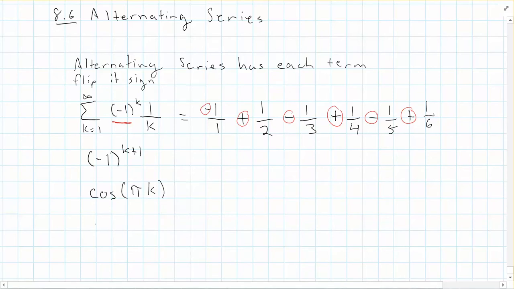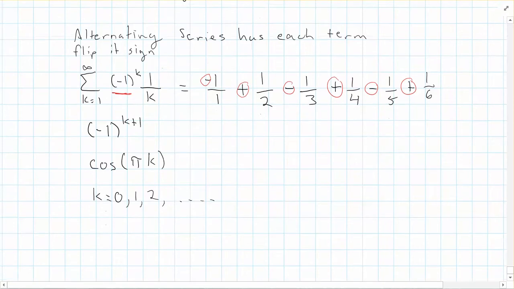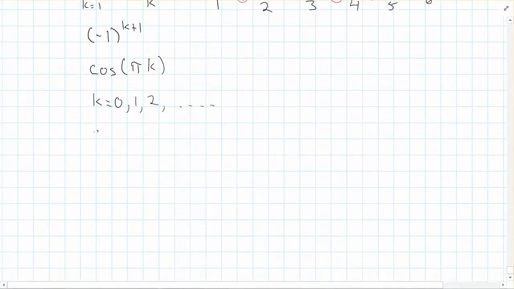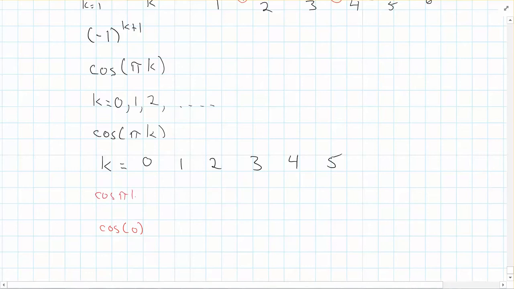Because if we think about this, if we just do k equals 0, 1, 2, 3, 4, 5, I'll go ahead and write these down below here. So I'd have cosine of 0, which is 1.